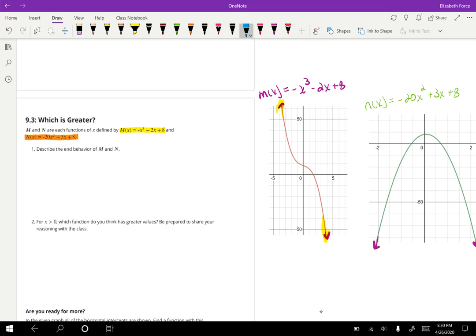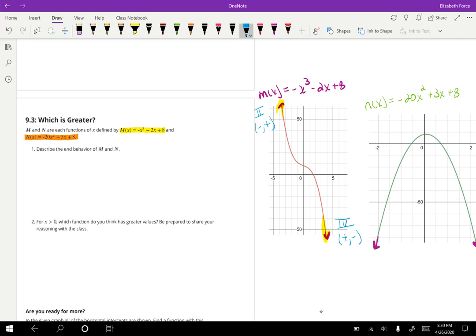So on this odd degree, this end behavior is falling into quadrant 4 and quadrant 2. So as x is getting large, remember quadrant 4 has positive x values and negative y values, or positive inputs and negative outputs. And quadrant 2 has negative inputs and positive outputs.